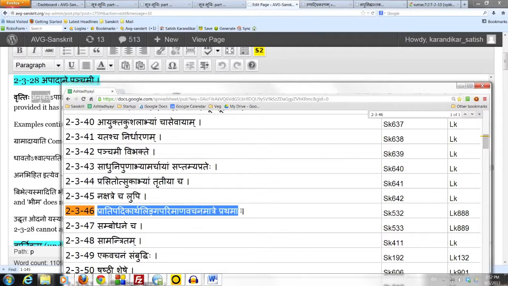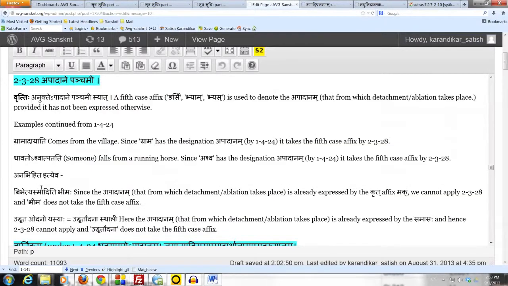Let us take a second example to understand the importance of anabhite. Example here is udhrita odano yasyaha iti udhritaodana. So udhritaha odanaha yasyaha, that from which rice has been taken out, is udhritaodana. It's qualifying sthali. It's a plate from which the rice has been taken out.